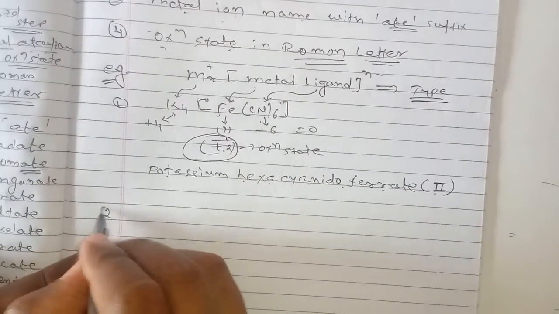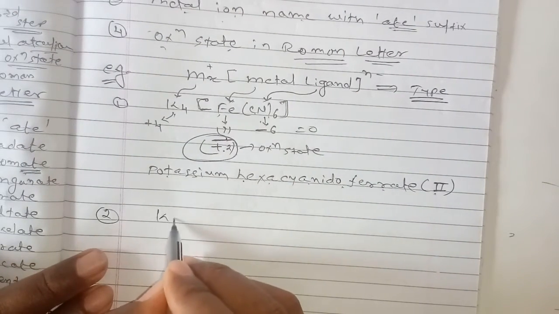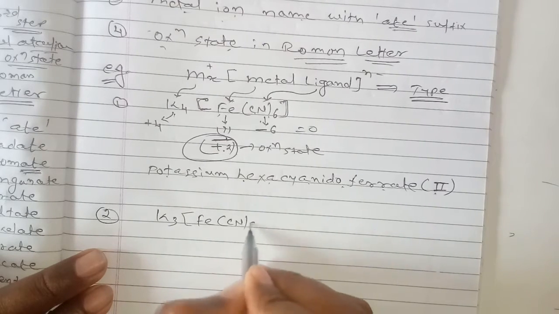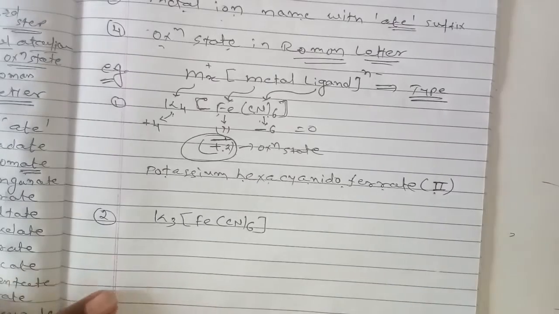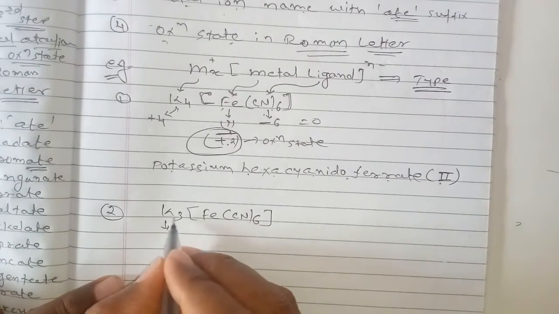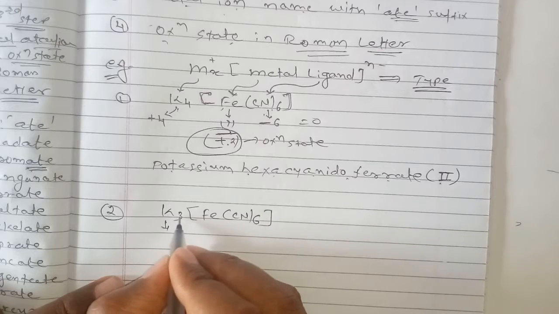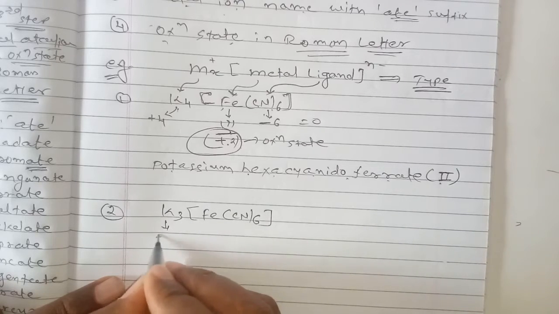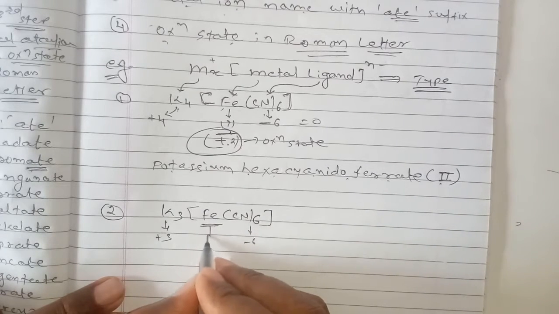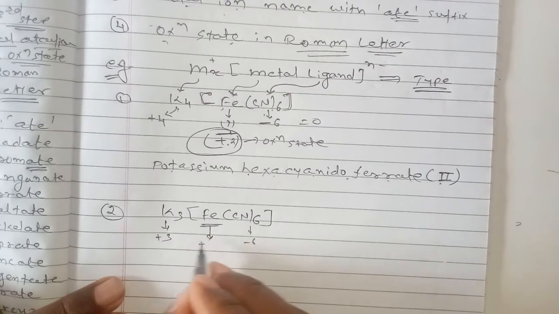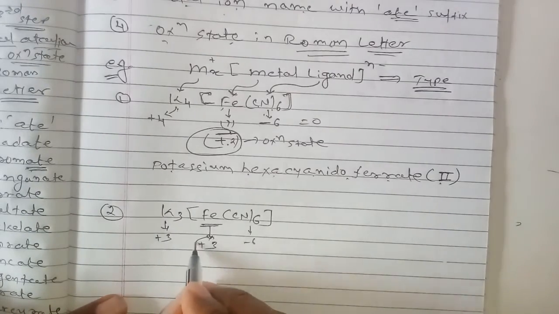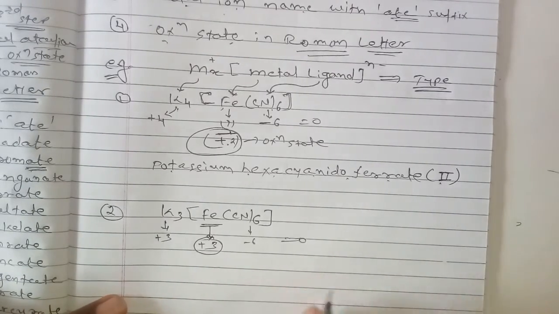Second example, K3[Fe(CN)6]. Here the charge for potassium is 1 times 3, so plus 3, minus 6, so its charge will be plus 3 for iron, and the total stands for 0.